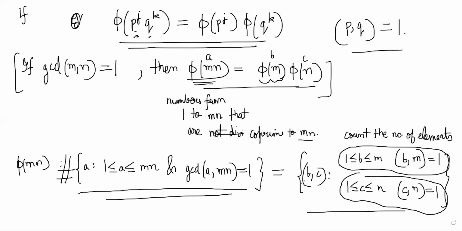I'm still thinking. You also keep thinking. What we want to show is that the number of elements here is equal to the number of elements here.